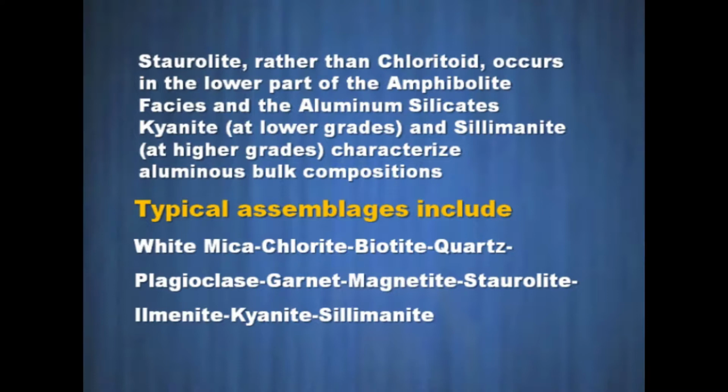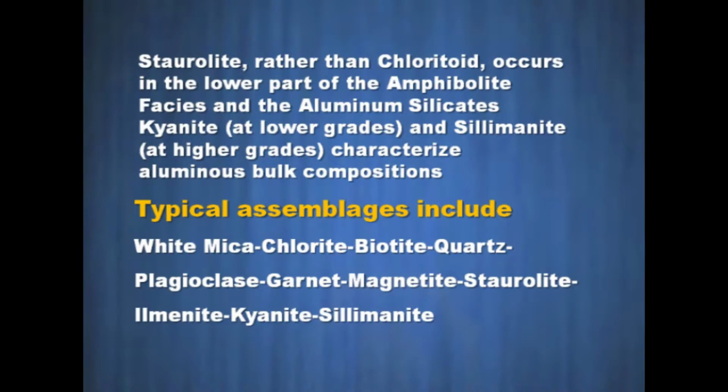Staurolite rather than chloritoid occurs in the lower part of the amphibolite facies, and the aluminosilicates, kyanite at low grades and sillimanite at high grades, characterize aluminous bulk composition. Typical assemblages include white mica, chlorite, biotite, quartz, plagioclase, garnet, magnetite, staurolite, ilmenite, kyanite, sillimanite, etc.